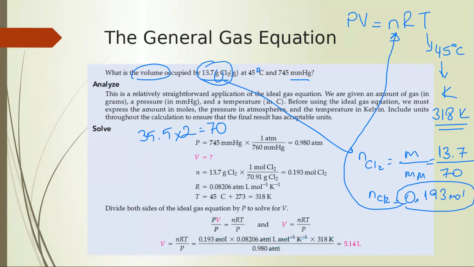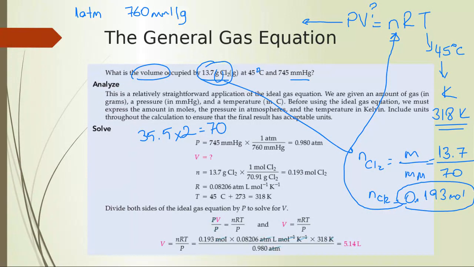And what else? You don't know the volume of chlorine gas, and you know the pressure of the gas. What's that? This is 745 millimeter mercury. You have to know that 1 atm is 760 millimeter mercury.